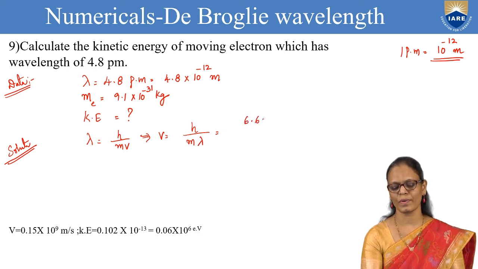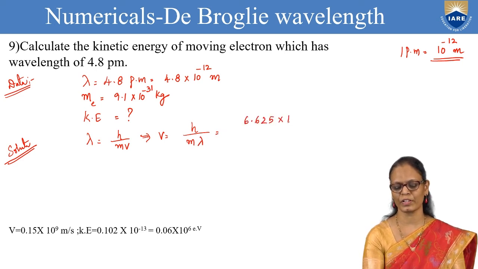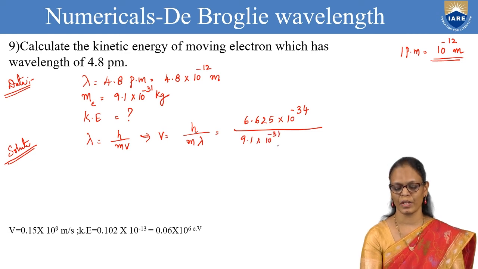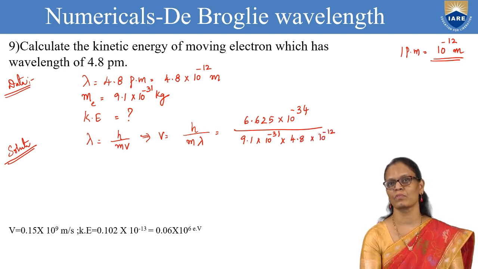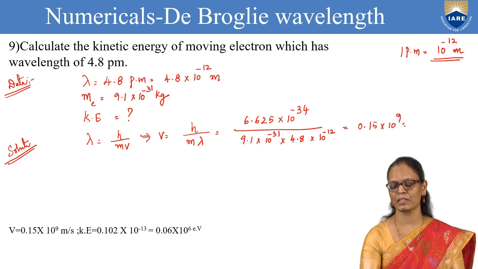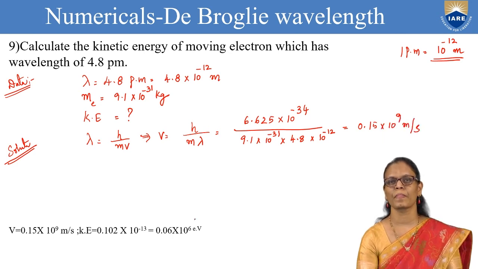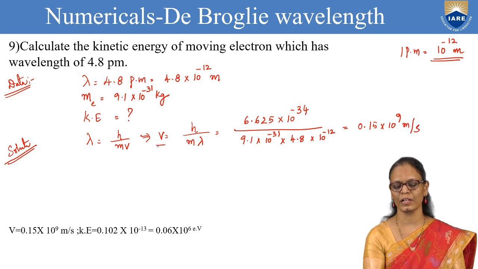So substitute the value of h, 6.625 into 10 power minus 34, upon mass 9.1 into 10 power minus 31, into the value of lambda, which we have converted from picometer to meter, 4.8 into 10 power minus 12. So what do you get? The velocity is 0.15 into 10 to the power of 9 meter per second. This is the velocity we are getting.